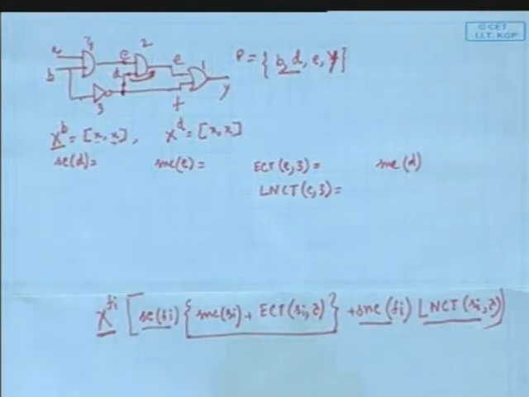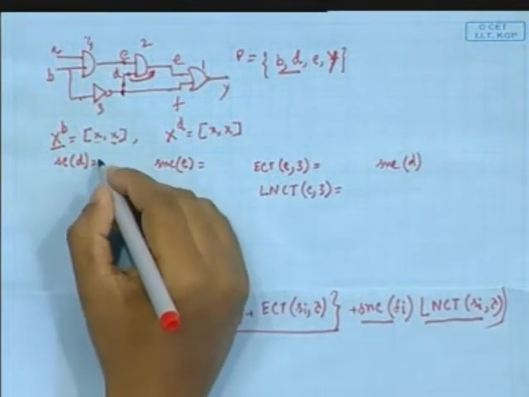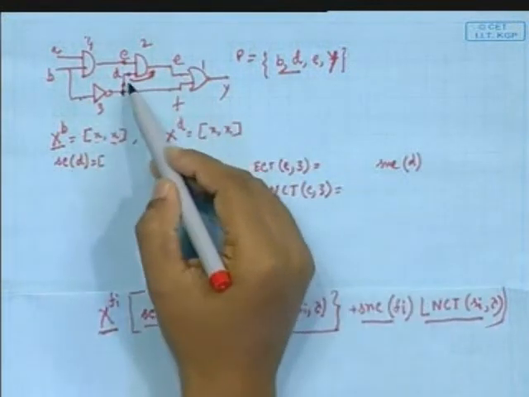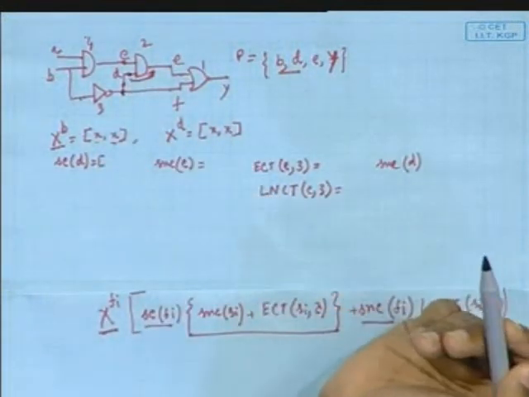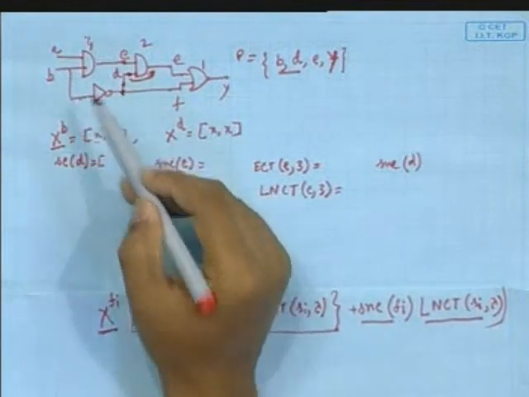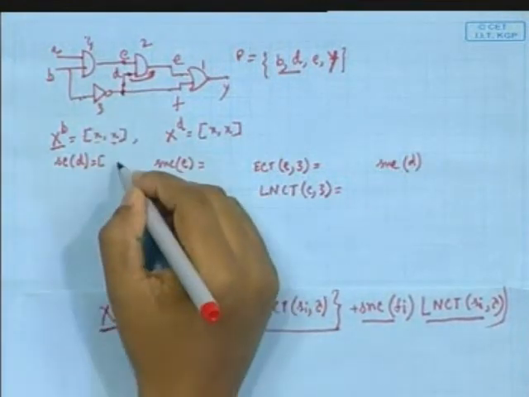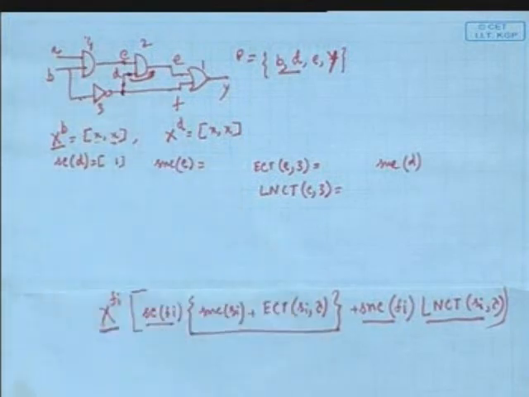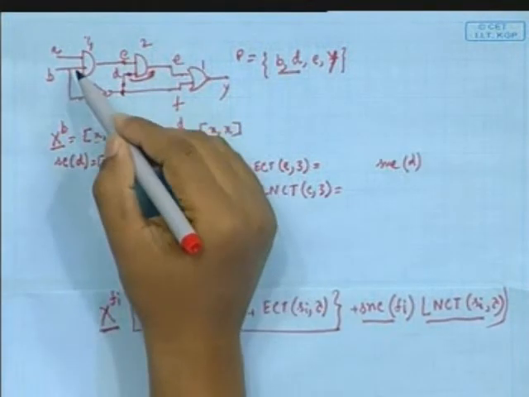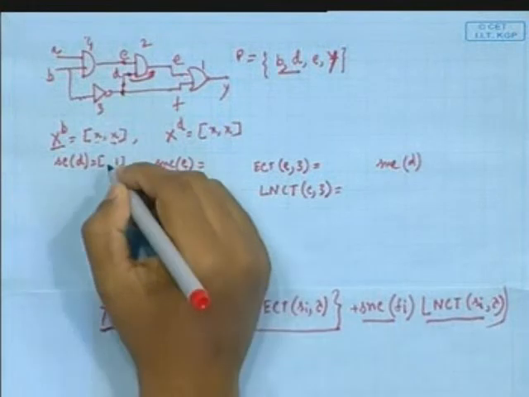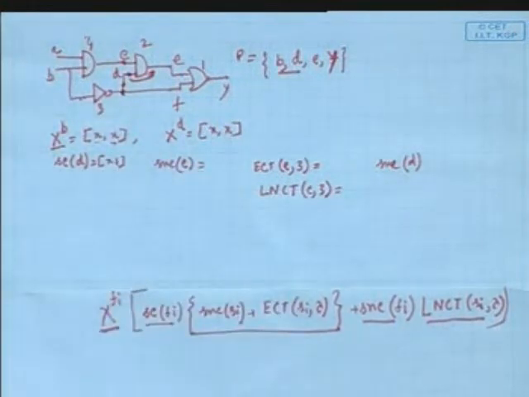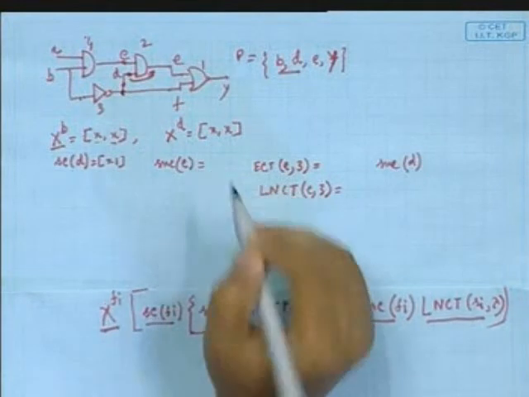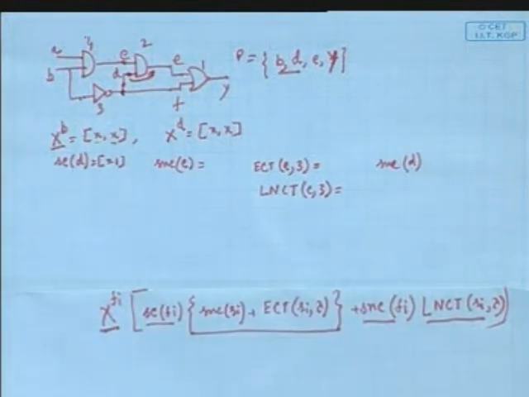Any more questions? Can you tell me what will be the controlling value of node D? If it has to be the controlling value, that means it has to be 0, which means B has to be 1. I don't bother about A because A has no control over D, so it can be anything. What about the next one?